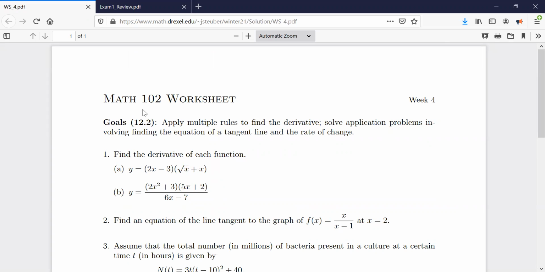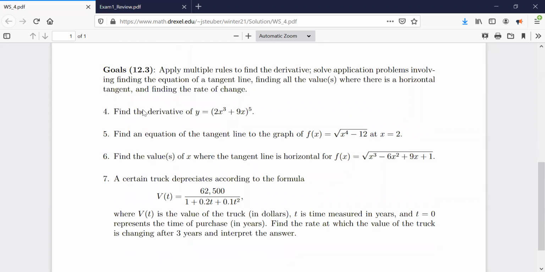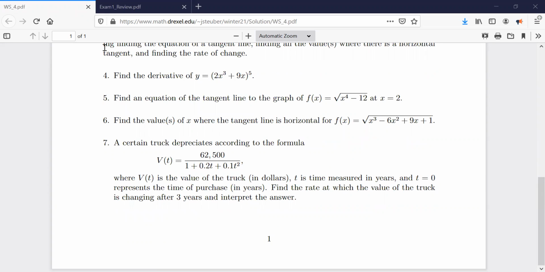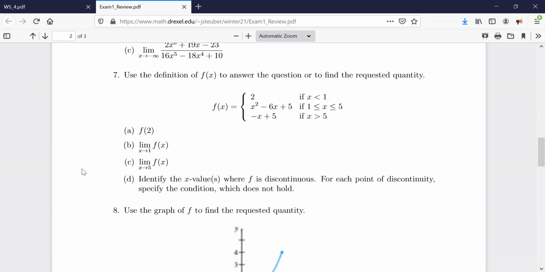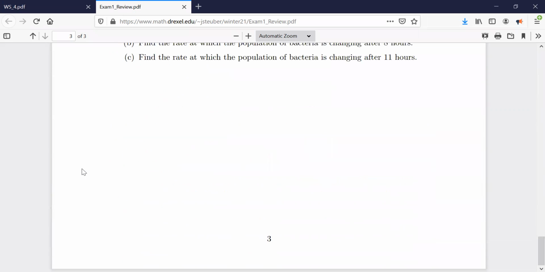So as I hope you are aware, you have an exam coming up on Friday. If you have any quick questions about that, you can ask them now. Otherwise, the plan is to go through the worksheet here and then switch over to the exam 1 review. I'm going to pick up with question 7 and then loop around.